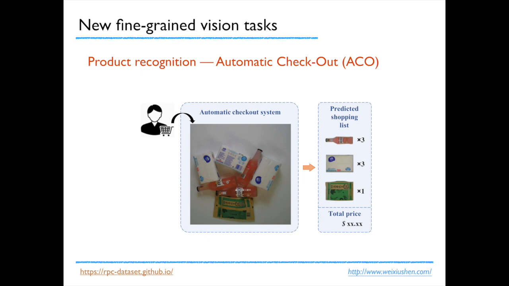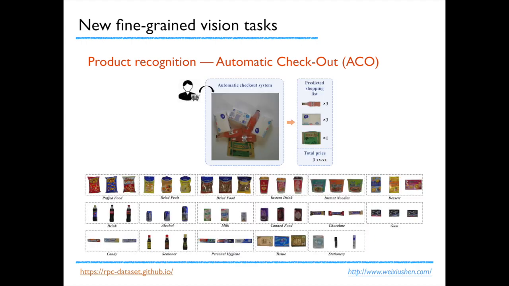Now, at the beginning of the talk, we mentioned that CUB has converged on classification accuracy. Now, it is desirable to propose some novel fine-grained vision tasks, that is, fine-grained vision benchmarks. One of the most interesting and practical tasks is product recognition in the automatic checkout scenario. Thus, we construct the RPC dataset to formulate this novel ACO problem.